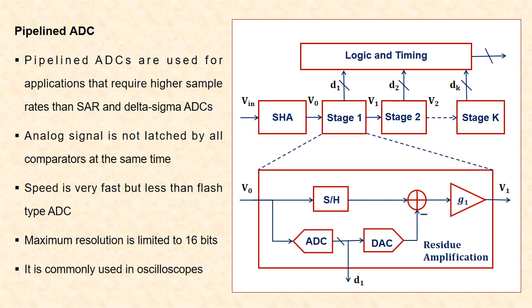Here we can see that the pipeline ADC architecture is an open loop architecture and it is not closed loop architecture. Pipelined ADCs are typically implemented in CMOS processors using switched capacitor discrete time circuitry.